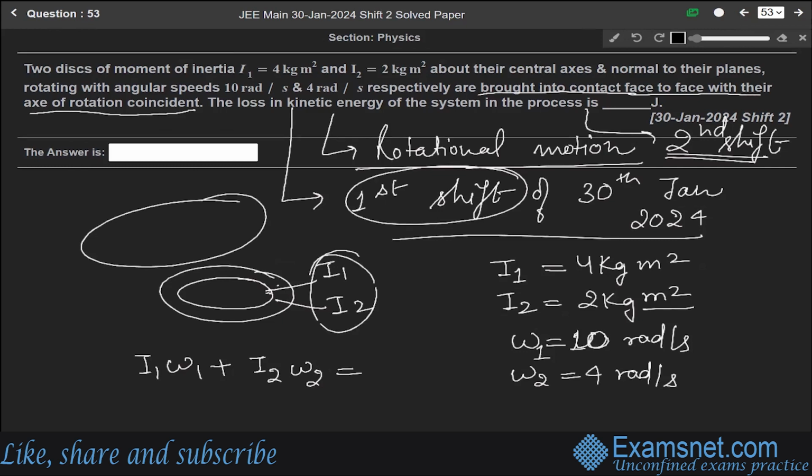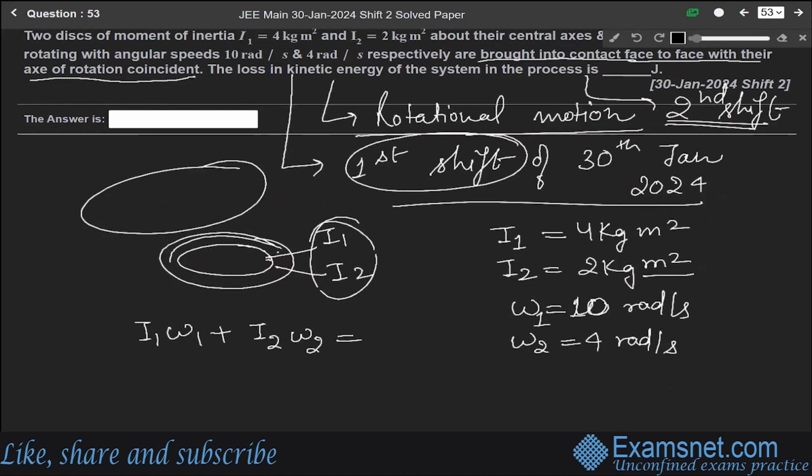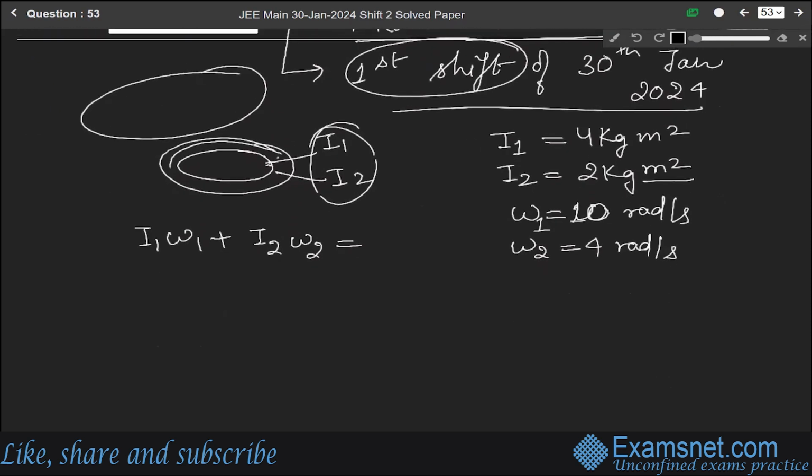So I1 omega 1 plus I2 omega 2 will be equal to I1 plus I2 into omega naught. Omega naught will be the final angular speed when these two coincide with each other.